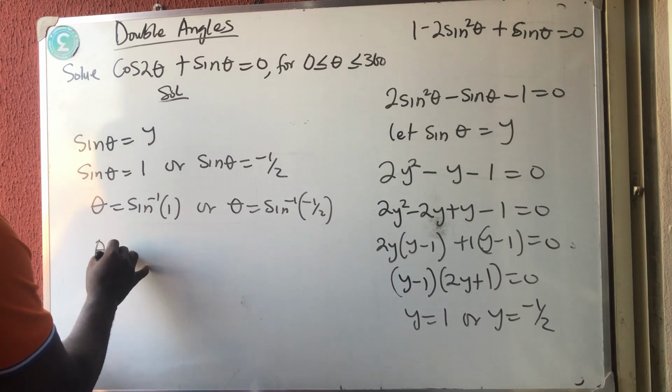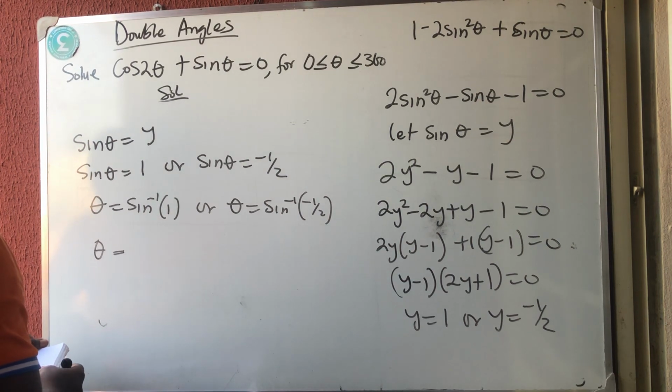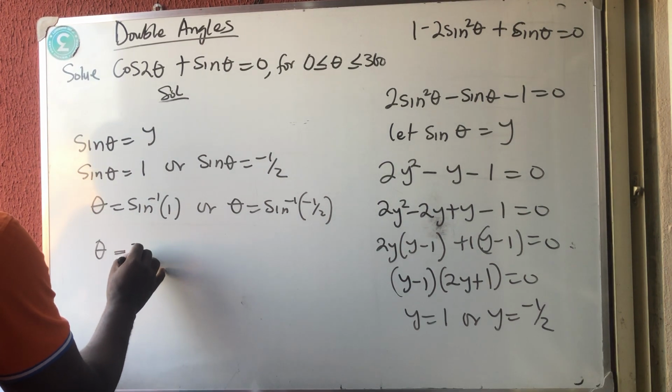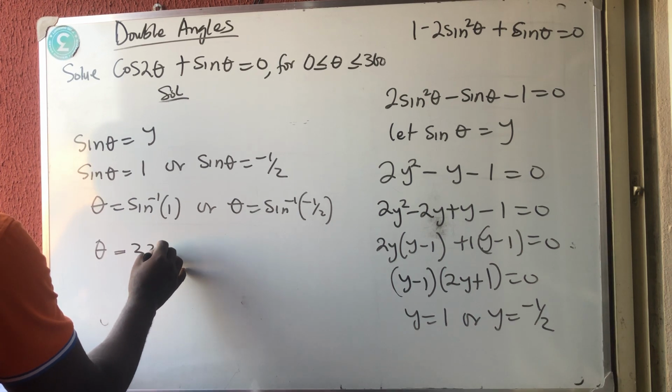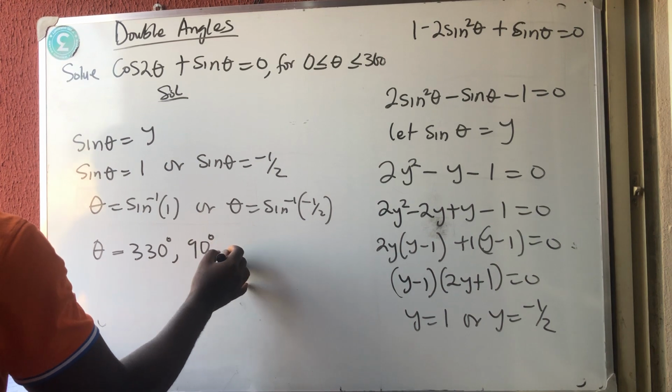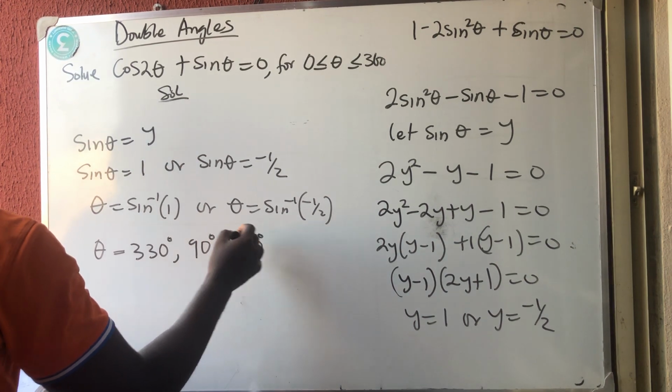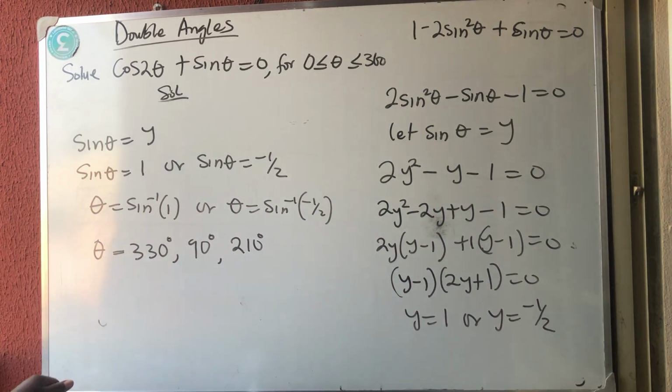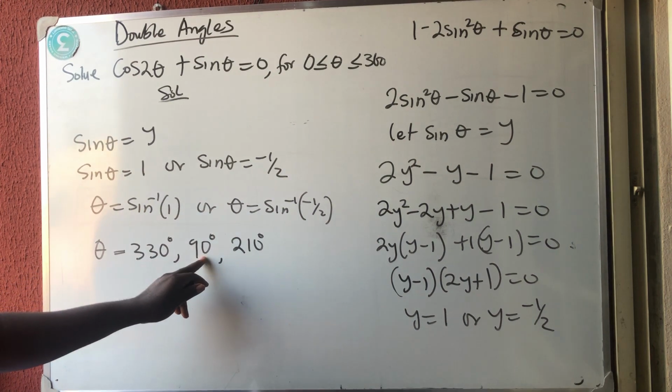So therefore, my theta is equal to 330 degrees and 90 degrees. I know you don't understand how we got this. This one gave us 90.